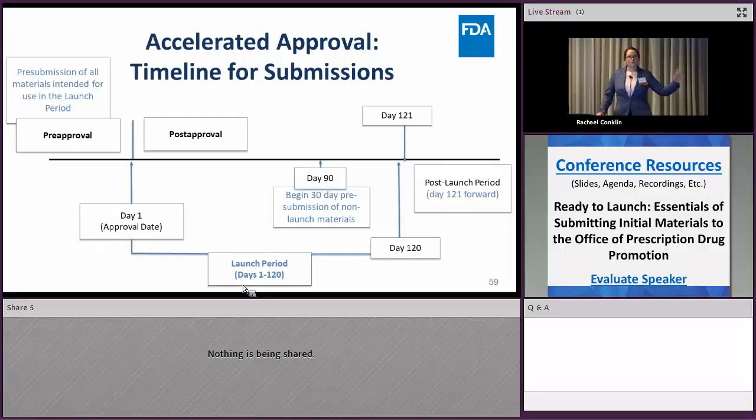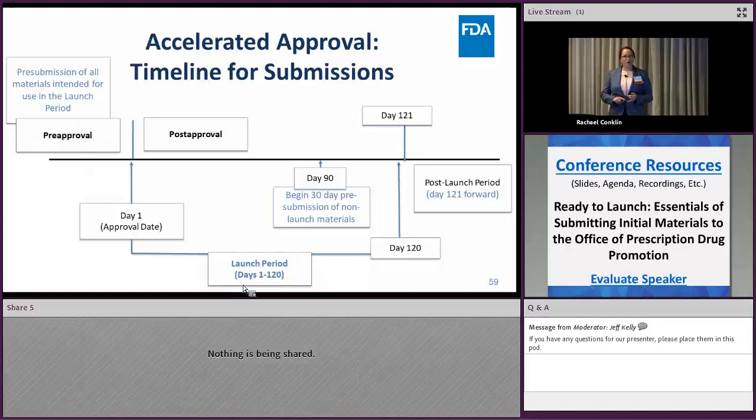So this is just the timeline of submission for accelerated approval materials. You can see the pre-submission period. And then the one thing I do want to note is that all promotional materials for accelerated approval have to be pre-submitted to OPDP at least 30 days prior to their first intended use. This is for non-launch materials.